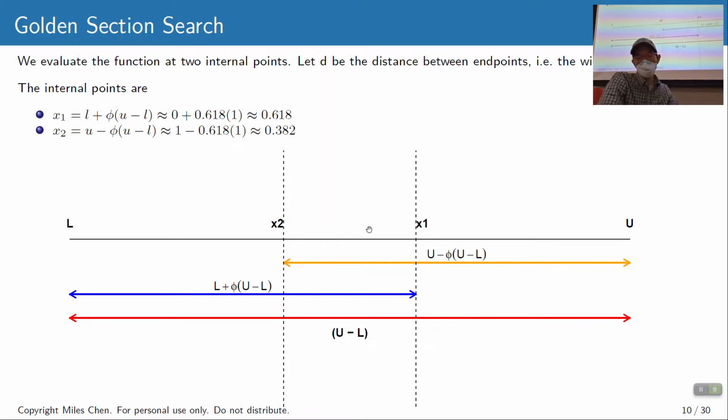How we label these things is arbitrary. I'm going to do the lower plus this thing to be x1 and the upper minus this to be x2. I could have just as well kept calling it x1 over here and x2 over here.